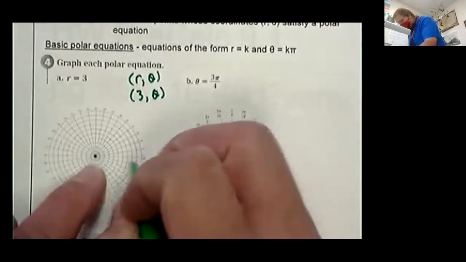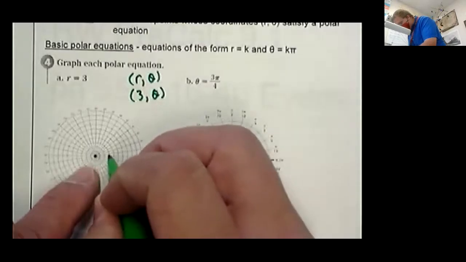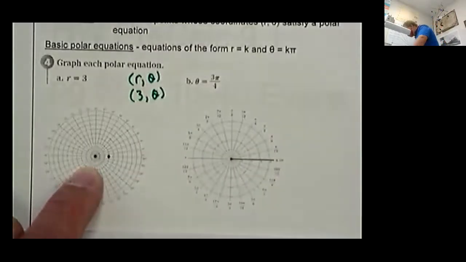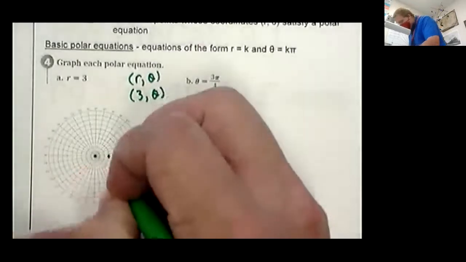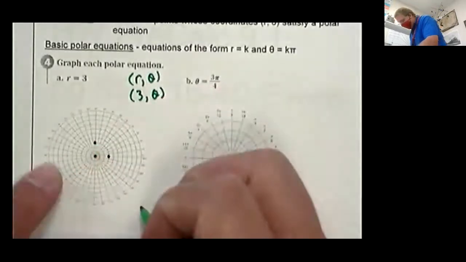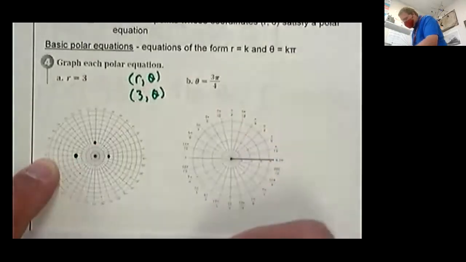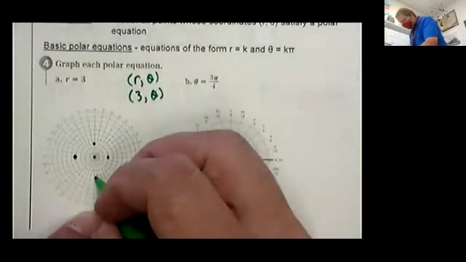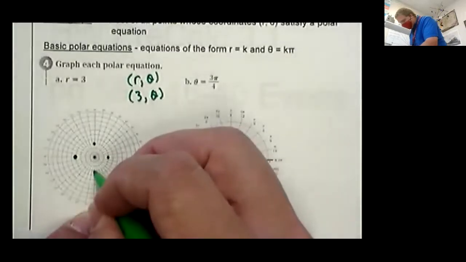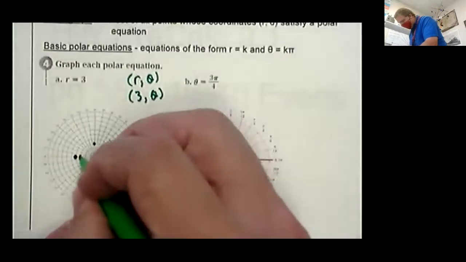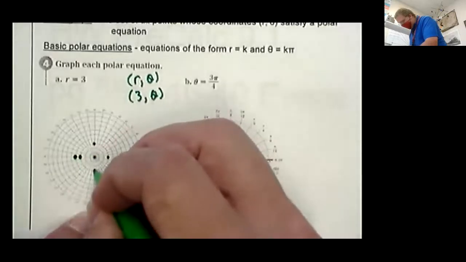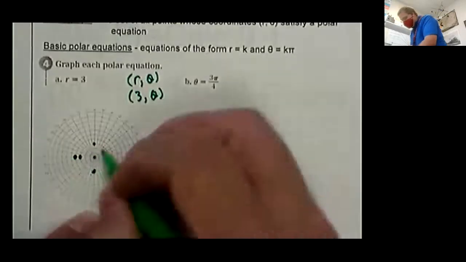So if we start at 0, there's (3, 0). If we go to 90, there's (3, 90). If we go to 180, there's (3, 180). If we go to 270, there is, I get these all in the right spot. I did not. That goes there. And there's 3 there.